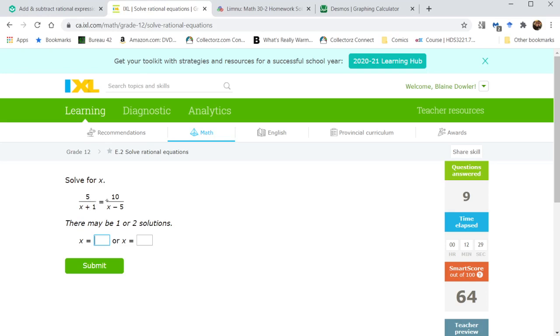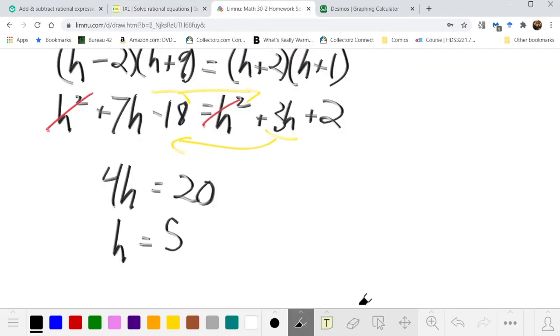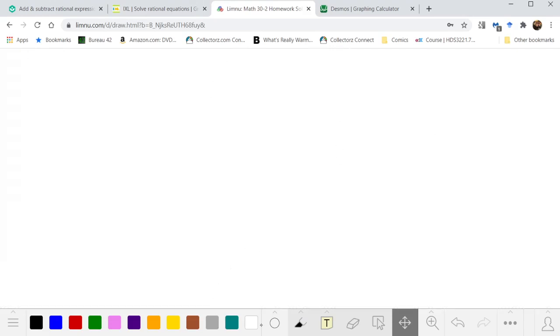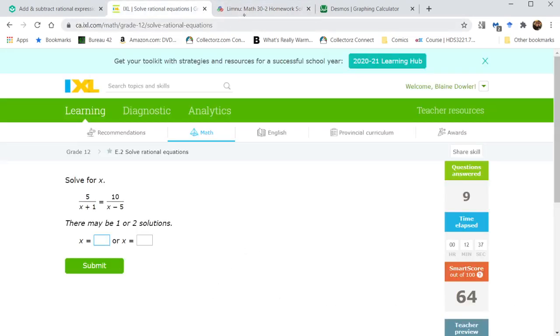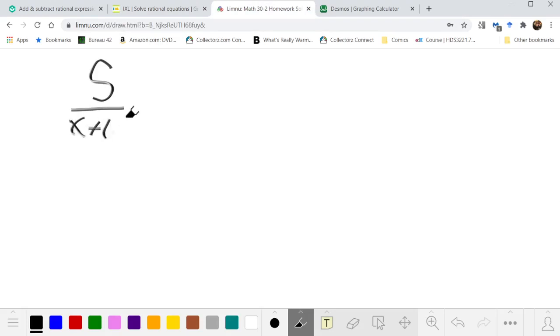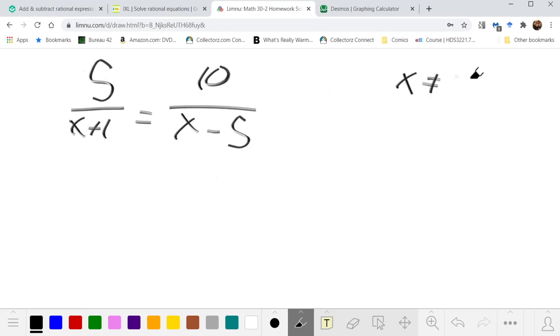5 over x plus 1 equals 10 over x minus 5. So x is not allowed to be negative 1 or a positive 5.